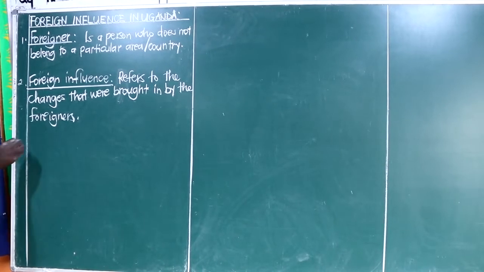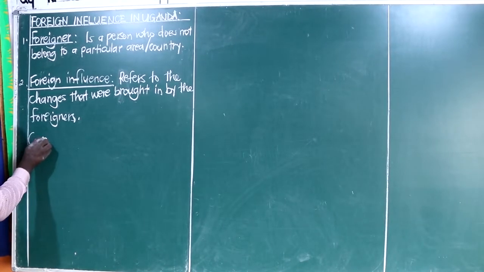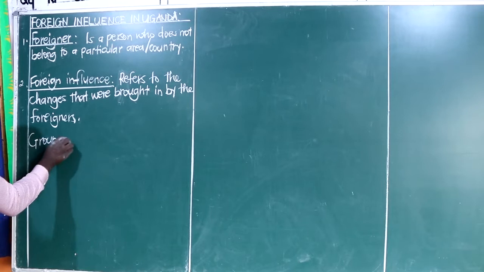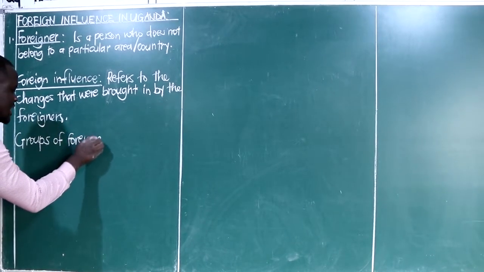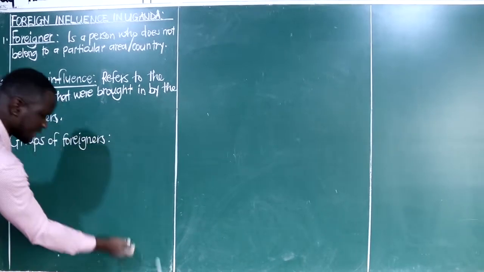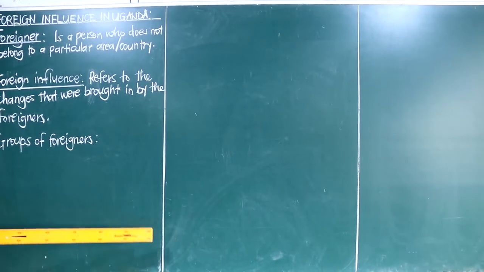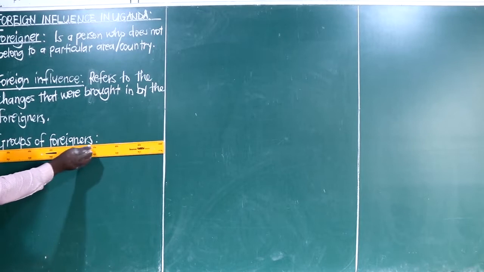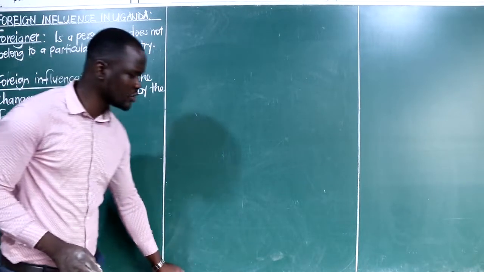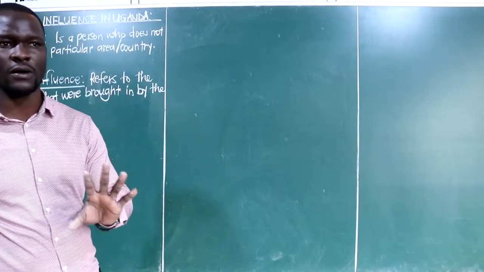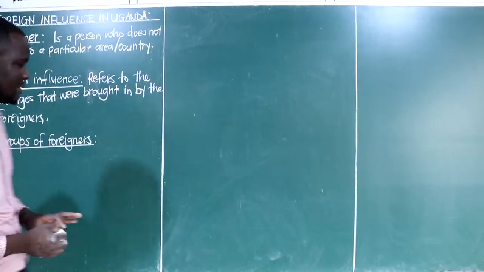We are now going to look at the groups of foreigners that came to Uganda. In this, we are going to be mainly looking at 4 groups of foreigners that came to Uganda.